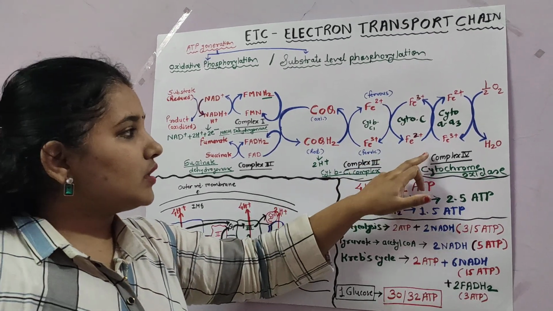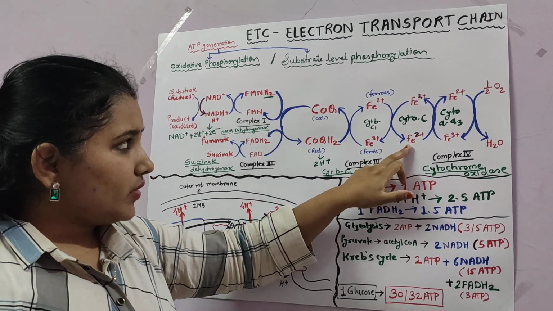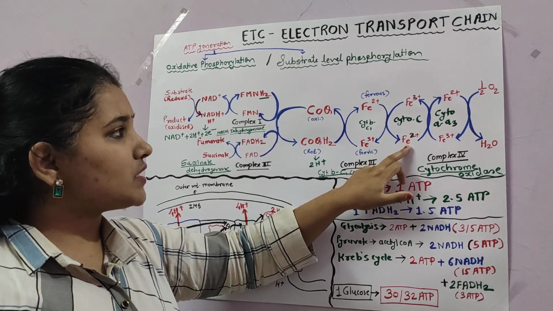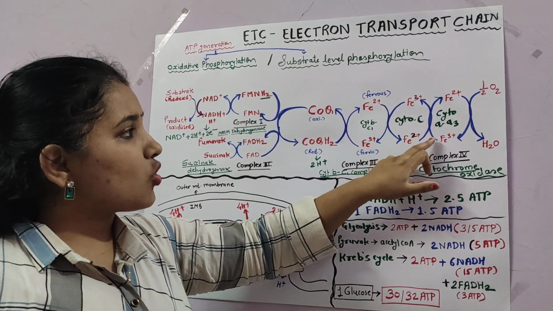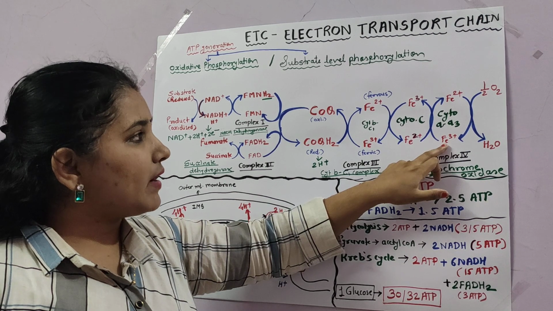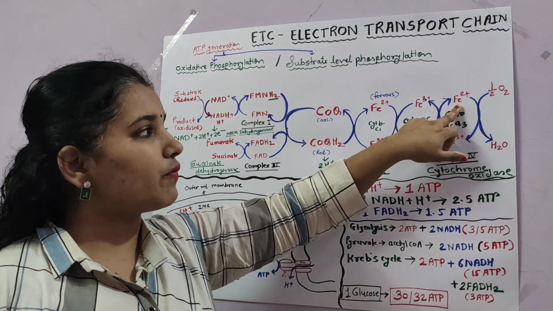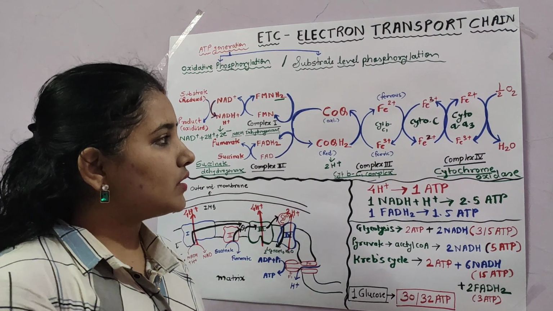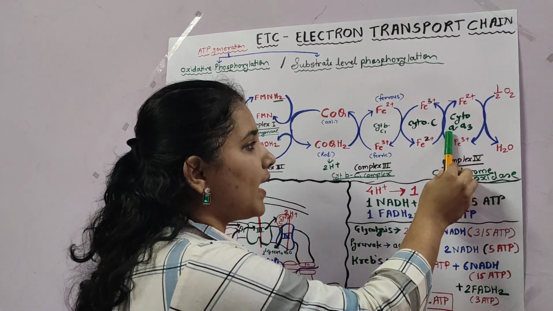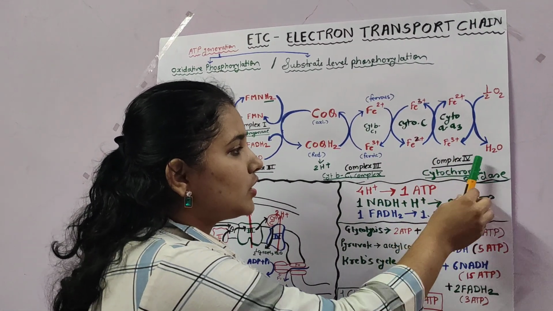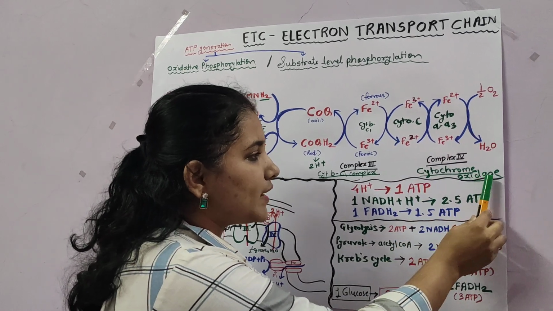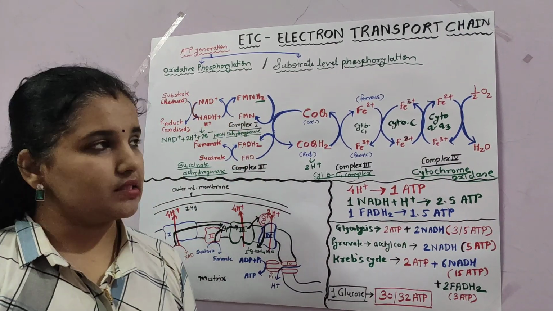Then the ferrous form donates its electron to the ferric form of cytochrome a3 and it gets reduced to the Fe2 plus form. The name of complex 4 is cytochrome oxidase.